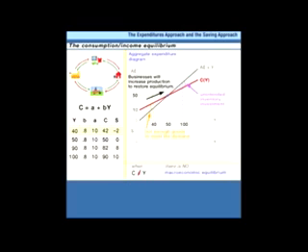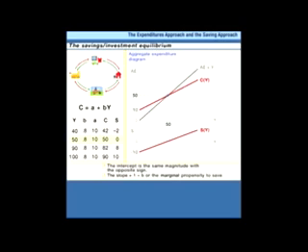Now, there's another way of explaining this. We've seen that when you have a consumption function, you can also draw a savings function. And the savings function has an intercept that has the same magnitude but the opposite sign. So the intercept of our savings function is -10, and the slope of our savings function is 1 minus the marginal propensity to consume, or the marginal propensity to save, which in this case, as we've seen before, is 0.2.